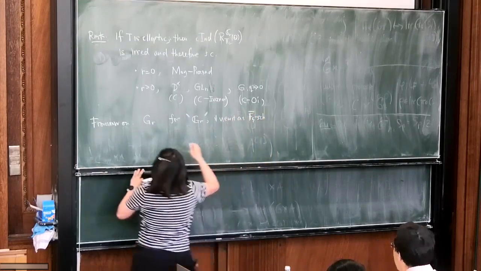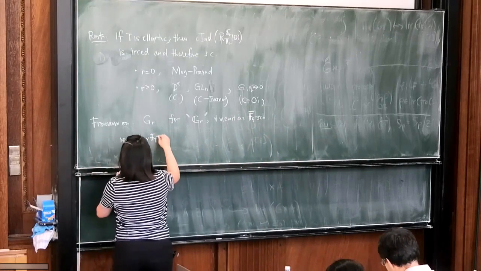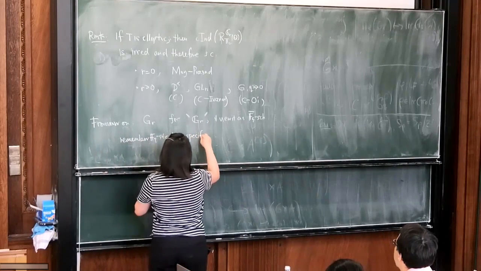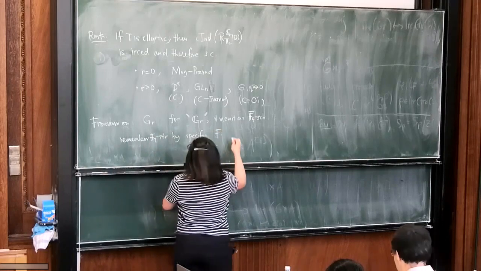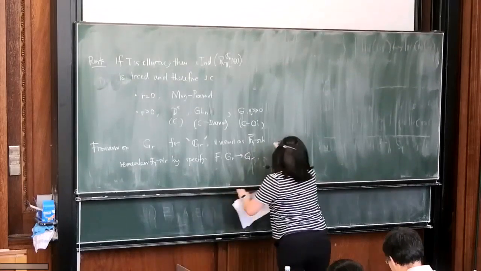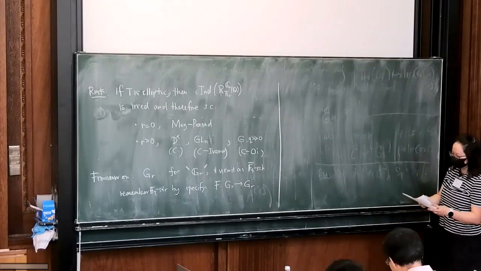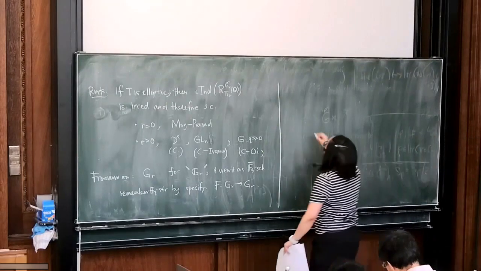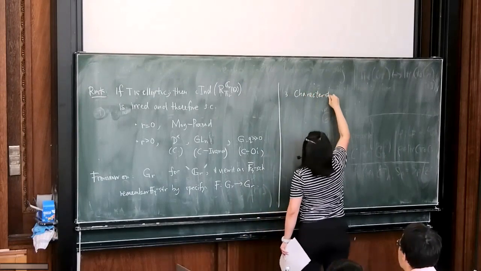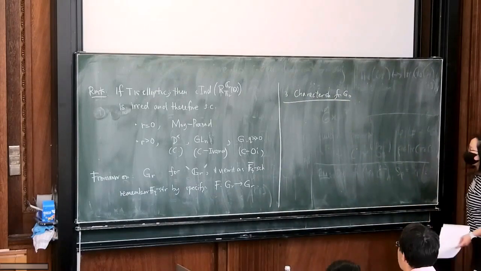And then I'll remember the Fq structure by specifying a Frobenius map from GR to itself. So this notation is also set for G0. And so next, let me tell you about character sheaves for G0. Remember, G0 is now this Fq bar algebraic group.